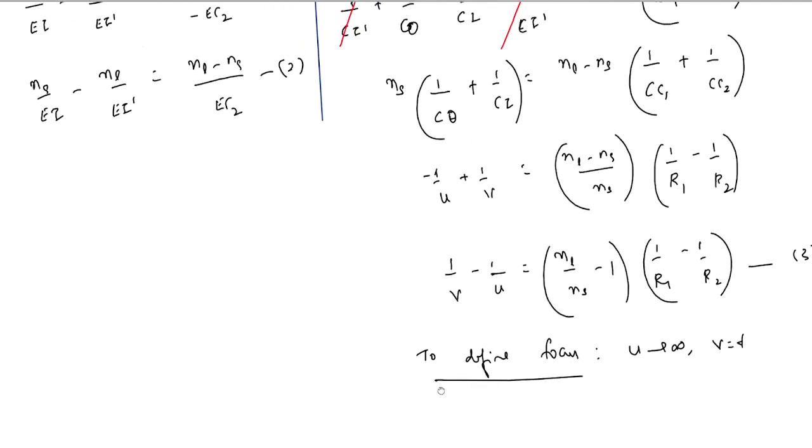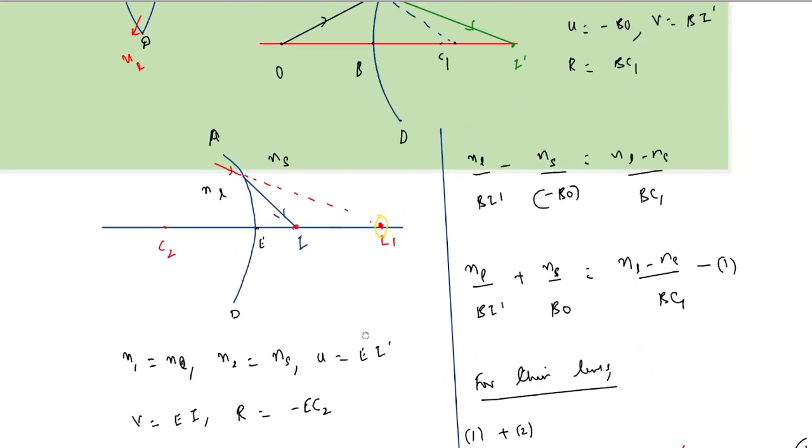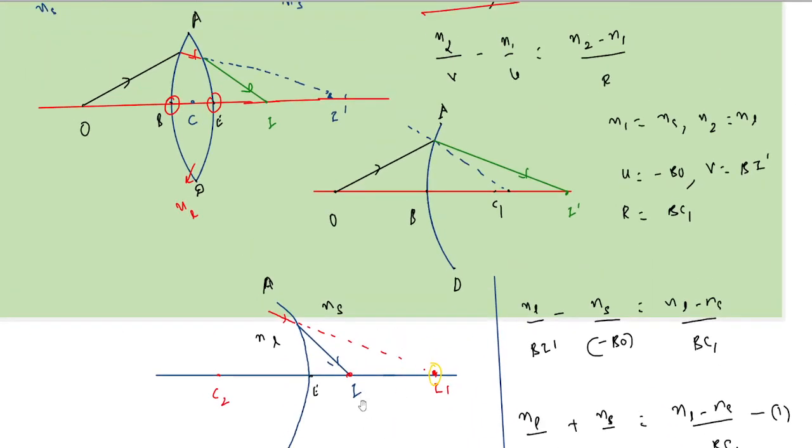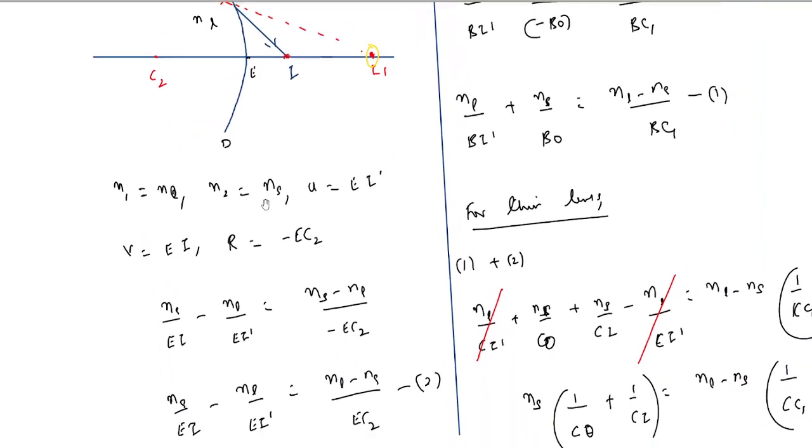That is because, if you look at the case of a lens, if we look at parallel light rays, think of a ray from here. This ray after refraction will go somewhere here. So at this point we get the image. So this becomes the focus. Distance from here to here would be the focal length, but in this case distance between here to here will be v also. So v becomes f.